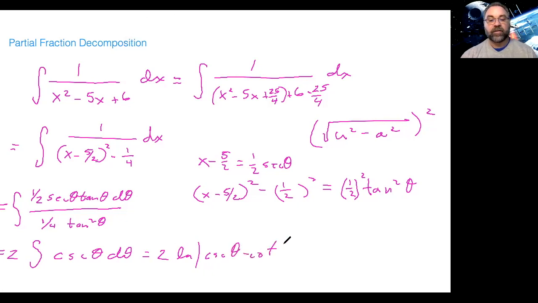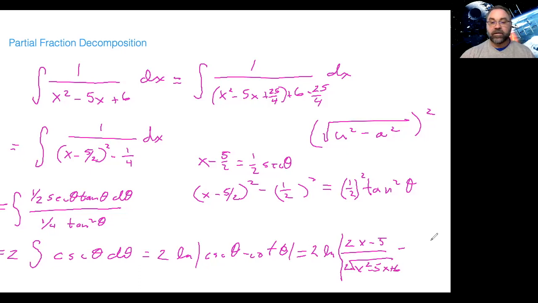minus cotangent theta. We would have to go back to the triangle and figure out what cosecant and cotangent were. I'm going to save us having to go back to that and just tell you that the cosecant turns out to be 2x minus 5 over the square root of x squared minus 5x plus 6 times 2.